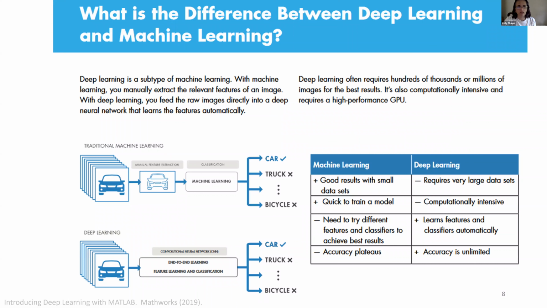So let's take a look at the difference between deep learning and machine learning. And we did talk about just learning in general, and looked a little bit about the deep learning in a bit more detail. So this is a little bit of a review of that.